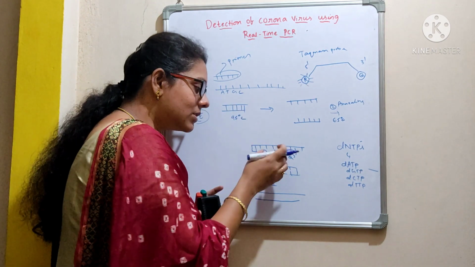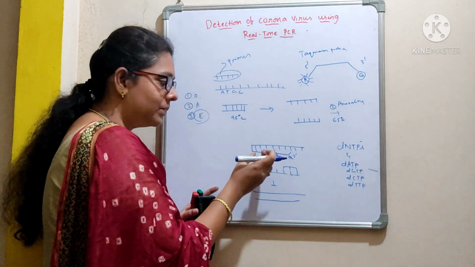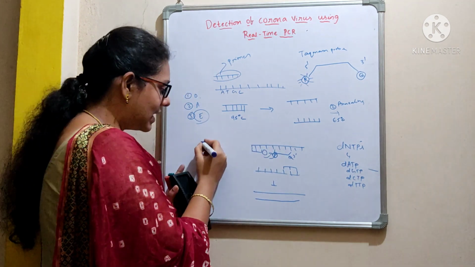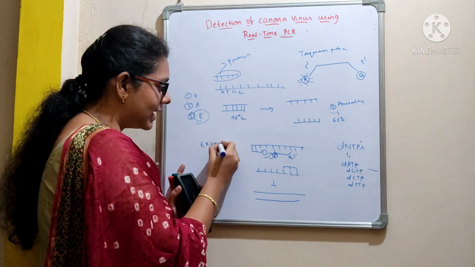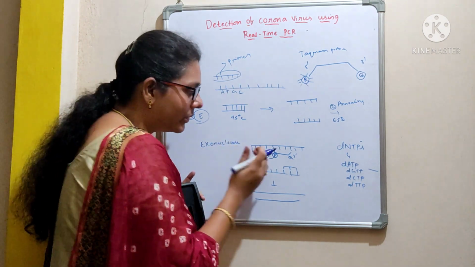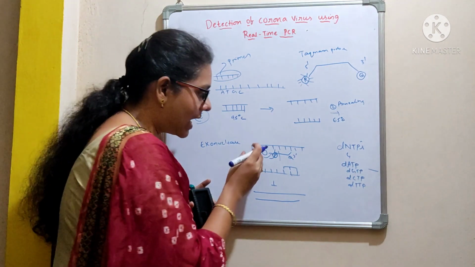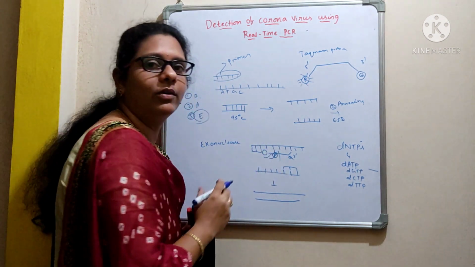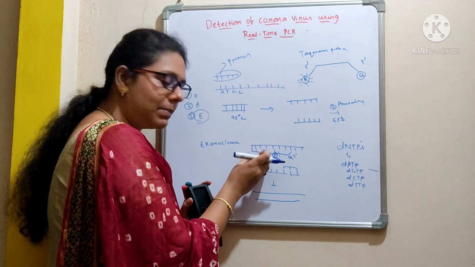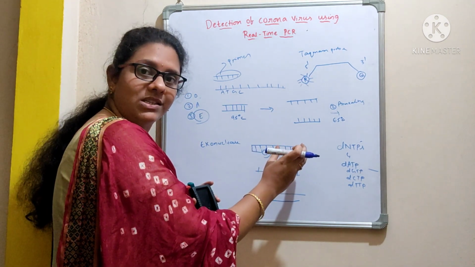During this DNA synthesis, the DNA polymerase has an exonuclease activity. So what is it going to do? It is going to cleave this probe as part of adding the nucleotides. After the binding of the primer, DNA synthesis is initiated.